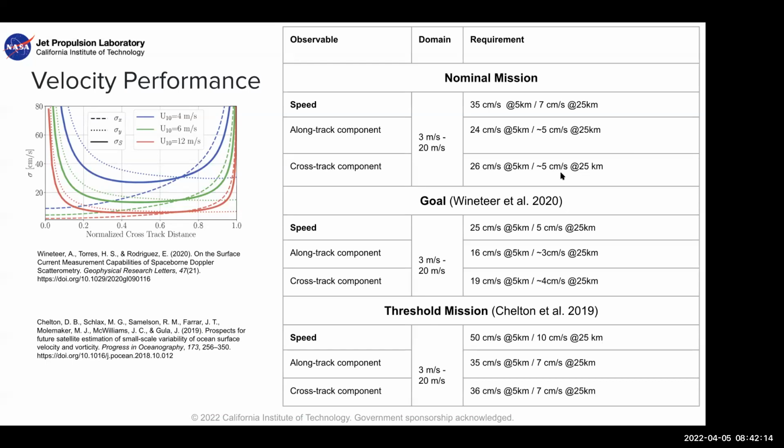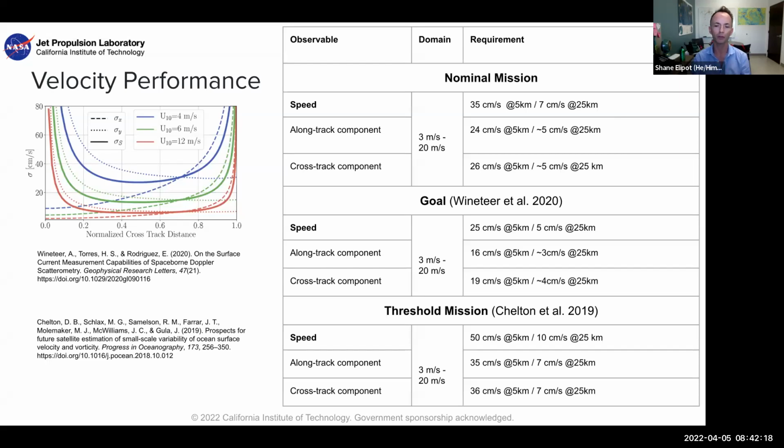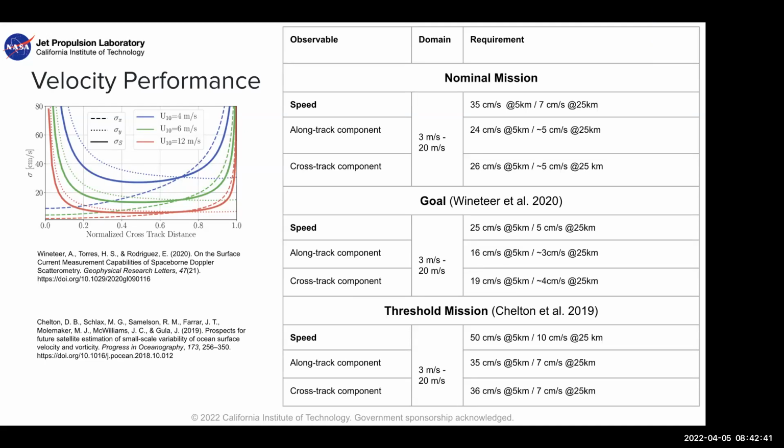I have to admit that looking at the 25, 35 number, I was a bit disappointed in the expectation because, from the historical drifter data set, the most common values, or the median values, are between 20 and 30 centimeters per second on hourly time scale. Yeah, that's understood.